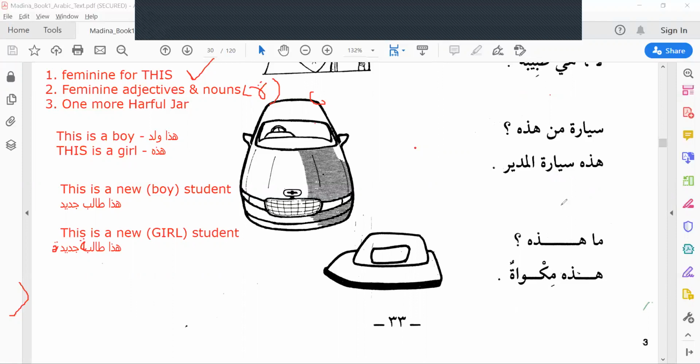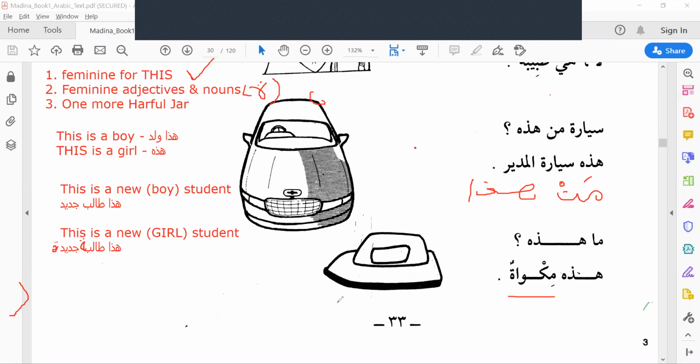Ma hadihi. What is this? Hadihi mikwatun. For example, who is this? Man hada, right? If you want to point to a girl, then man hadihi. If you are pointing to a girl or a lady, who is this?